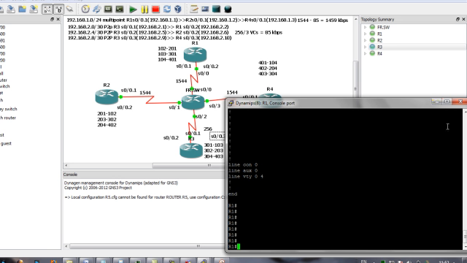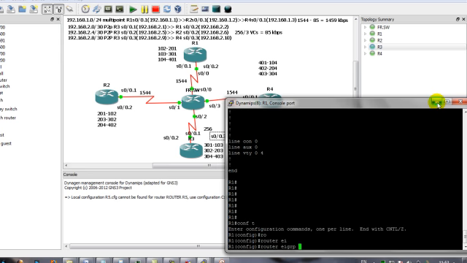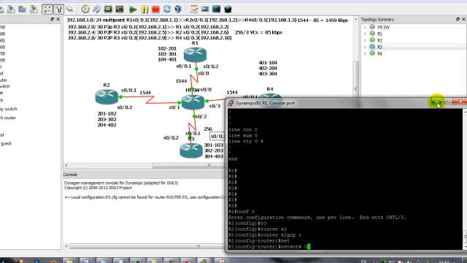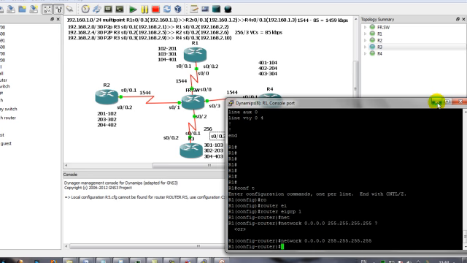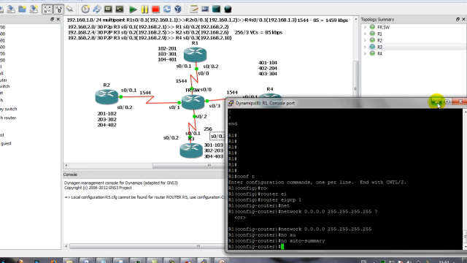Now we are going to configure EIGRP. Conf t, router eigrp 1, autonomous system 1. Now I want to use network 0.0.0.0 with wildcard 255.255.255.255, just to configure the whole thing. No auto-summary.